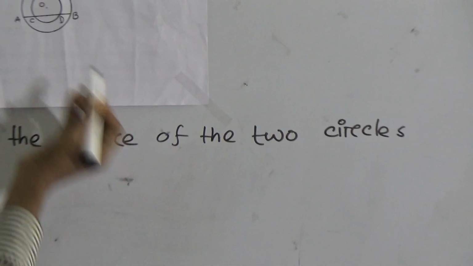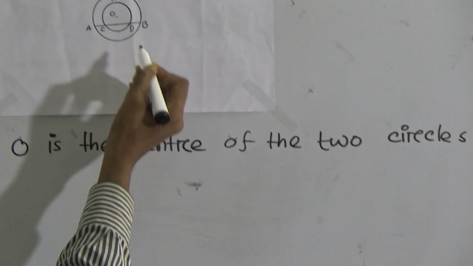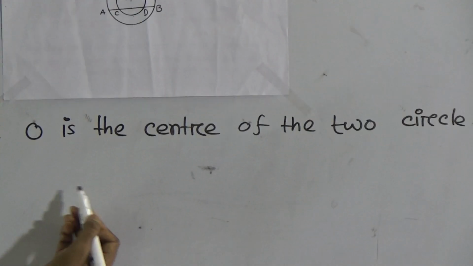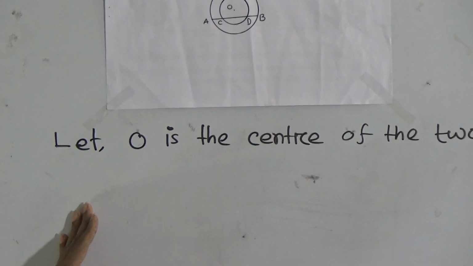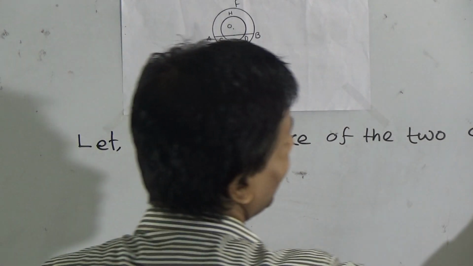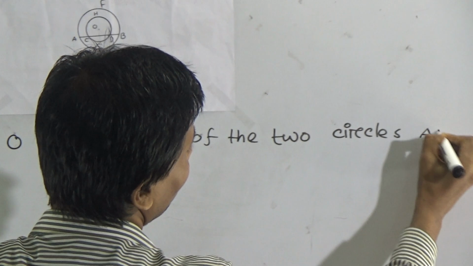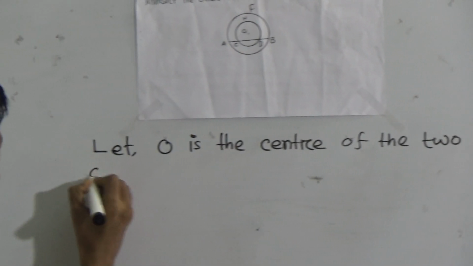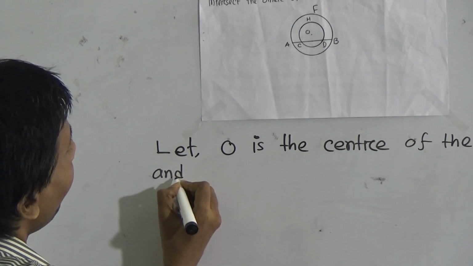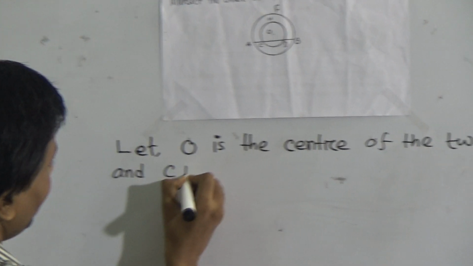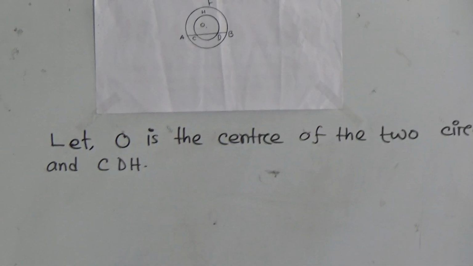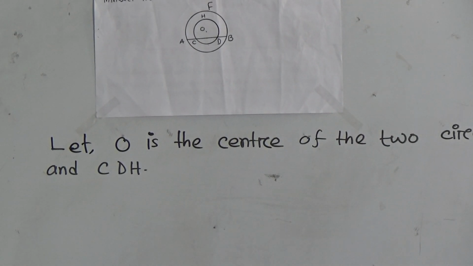You see the circles ABF and CDH. So I want to write here: let O be the center of the 2 circles ABF and CDH.